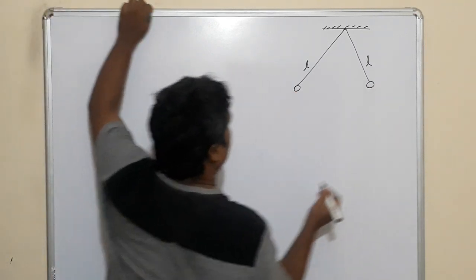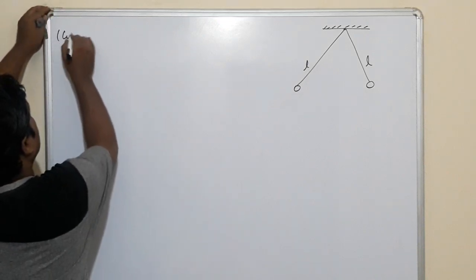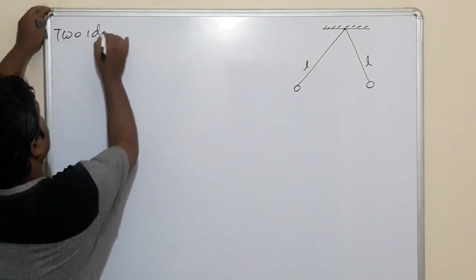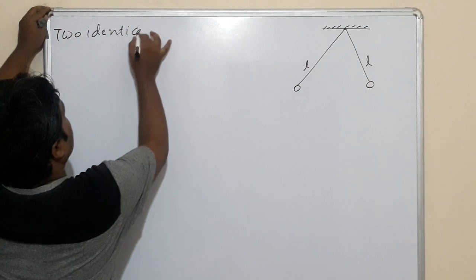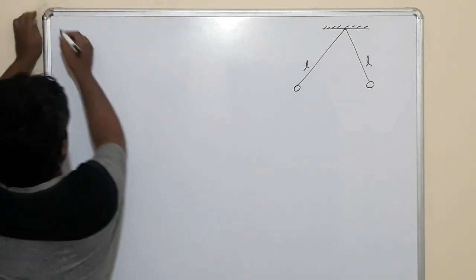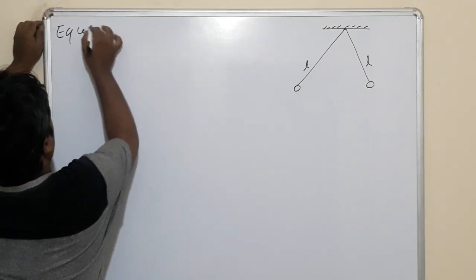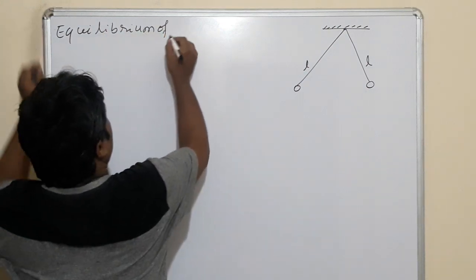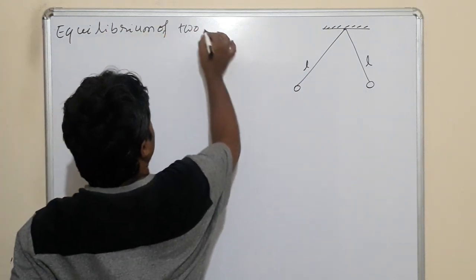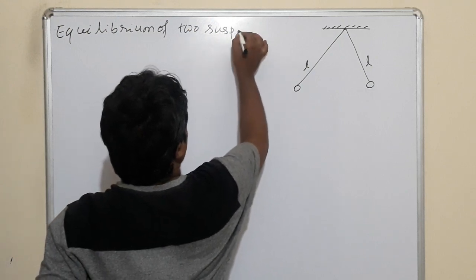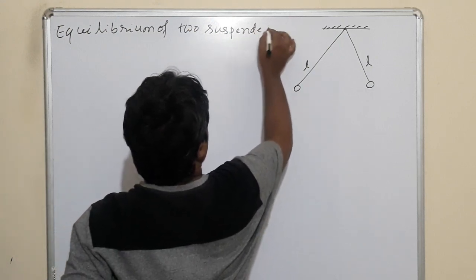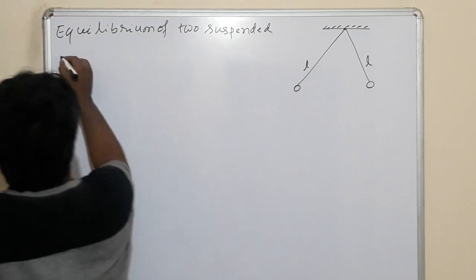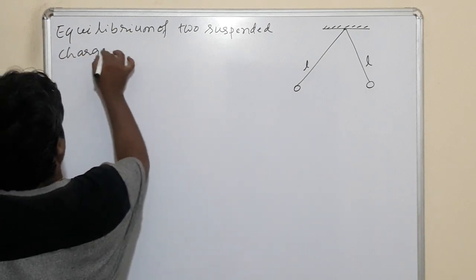Then what we'll do, let me write this. Equilibrium of two suspended charges, or two hanged charges like this.